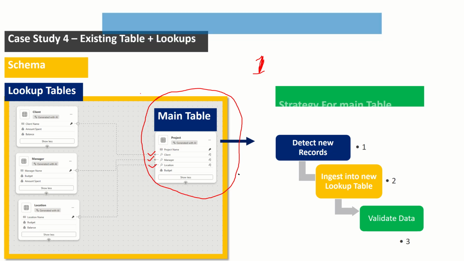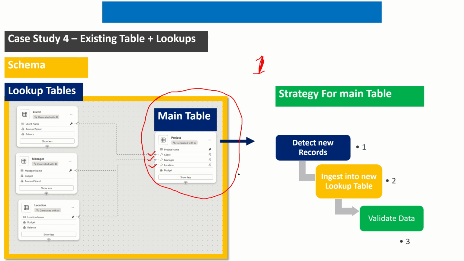What am I going to do in strategy 1 on the main table? I am going to first detect new records. Once I detect the new records, I am going to simply ingest them into the table. I'm going to validate it at the end, and that's all I'm going to do with the main table. That's super simple.